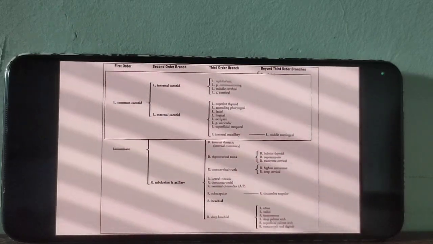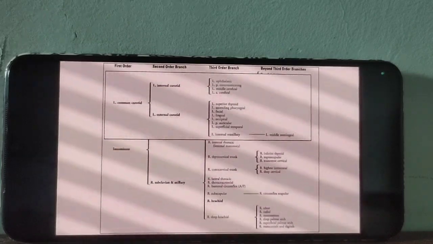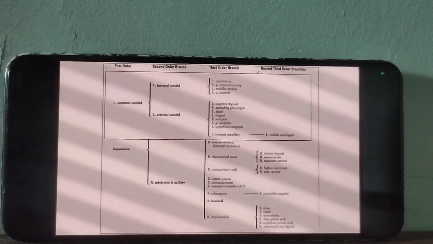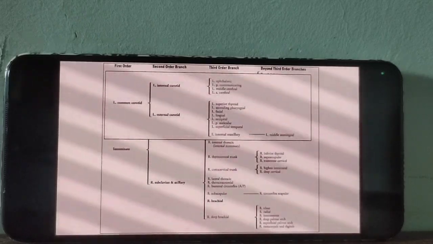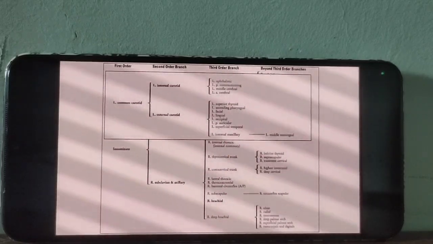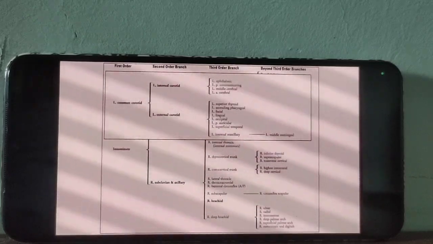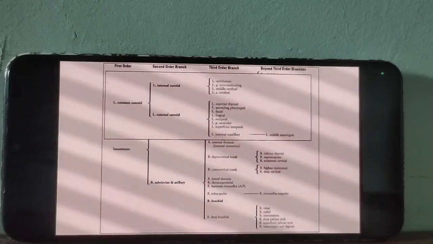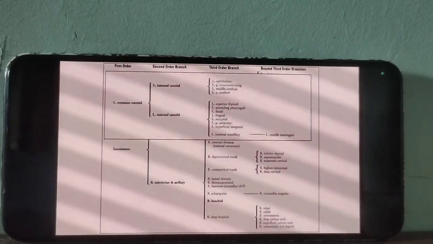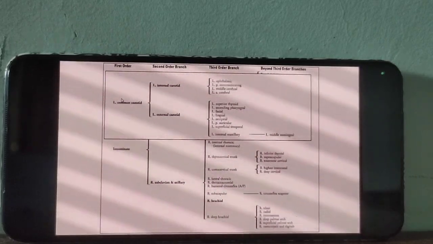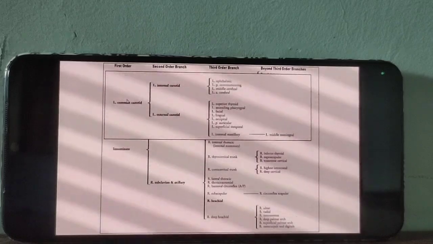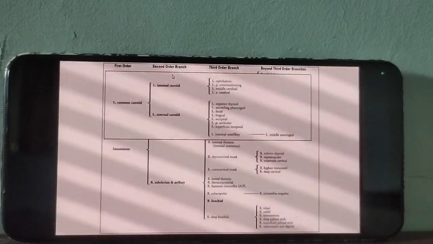Am I right? Because if a surgeon inserts the catheter through a particular artery or vein, that is selective. For selective catheterization only we have a corresponding order.